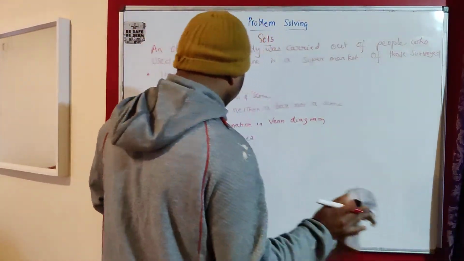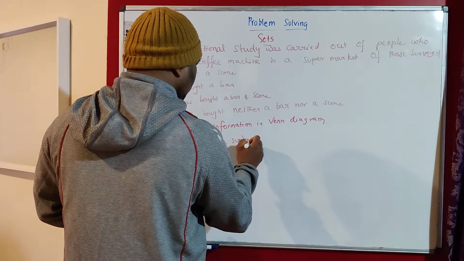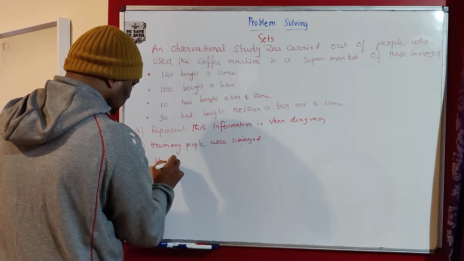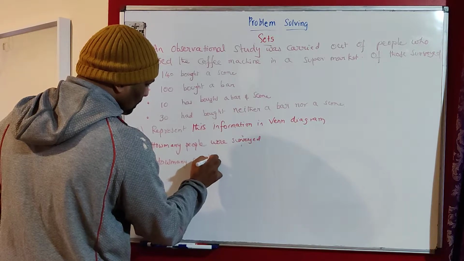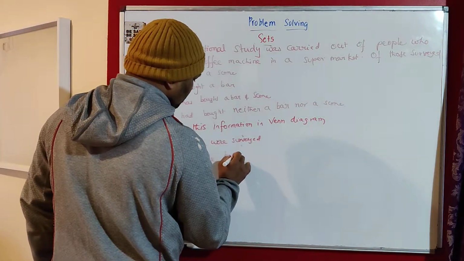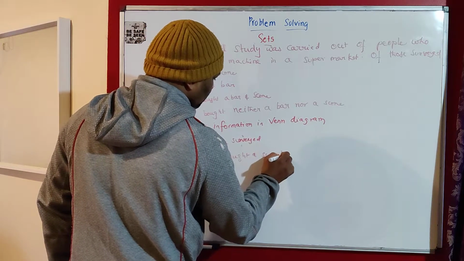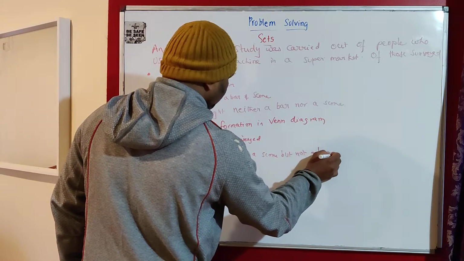The third one is how many people bought a scone but not a bar.